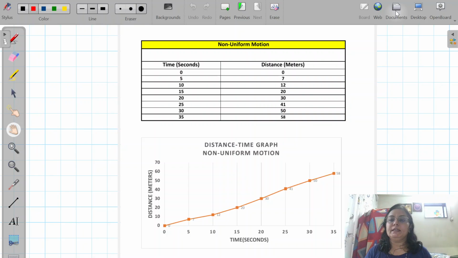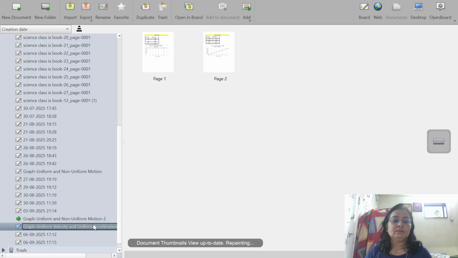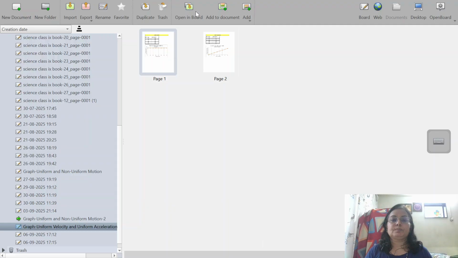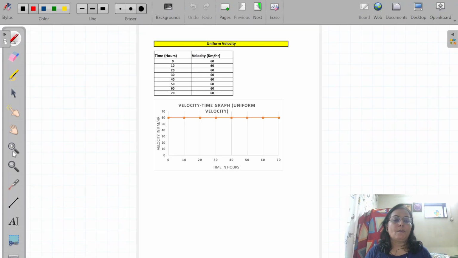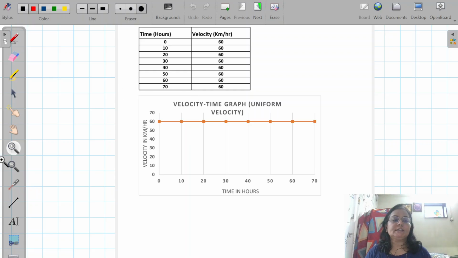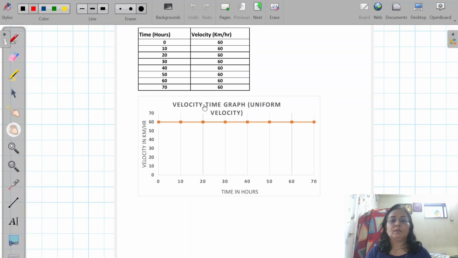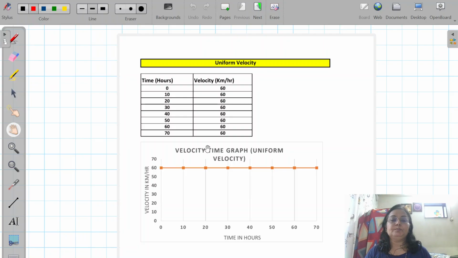Now, let's come to our next topic, which is constant velocity. So if we see, Anuj is moving with a constant speed of 60 km per hour and time is increasing by 10 hours.